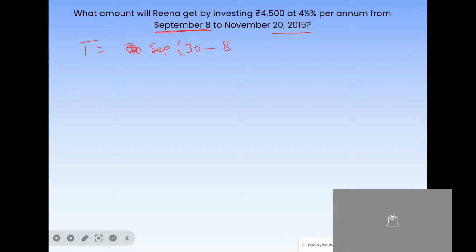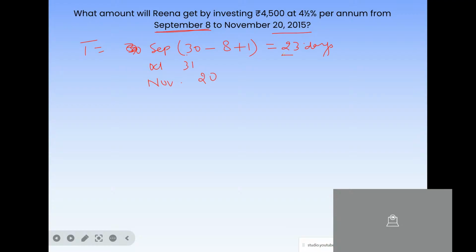But then you will still not get the full days. Ultimately, you have to add one. So here we get 30 minus 7, which will be 23 days. So you have 23 days in September, then October is 31 days, and November you have got 20 days.